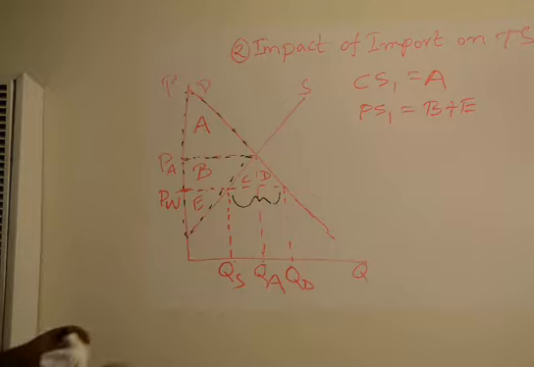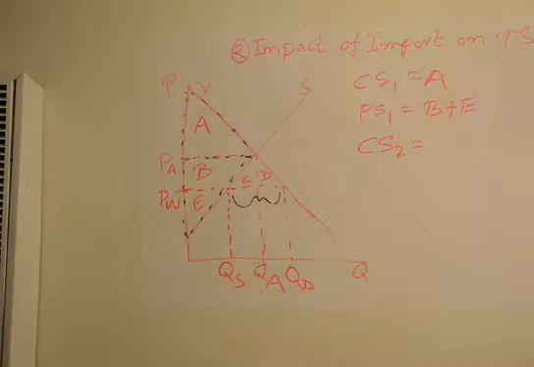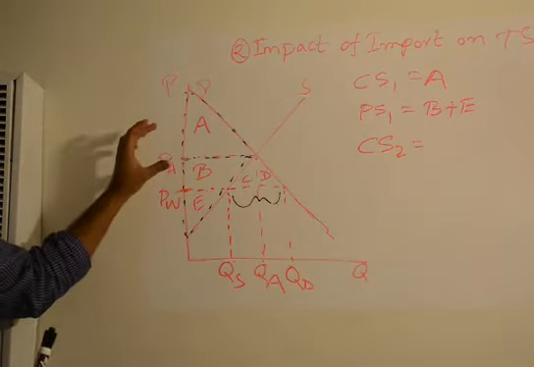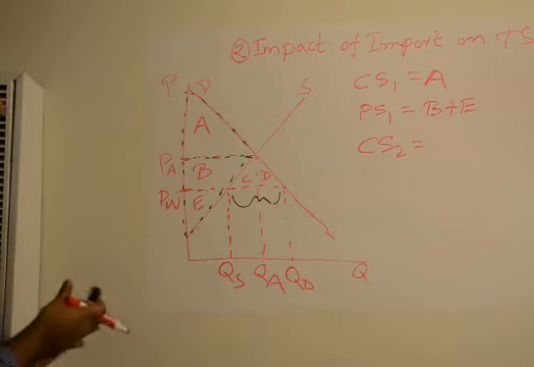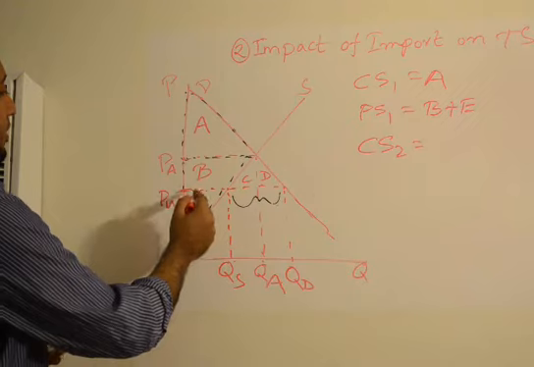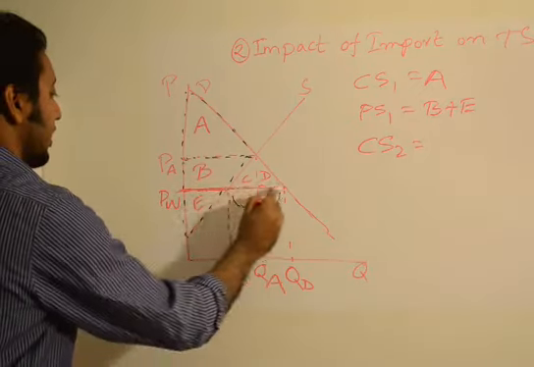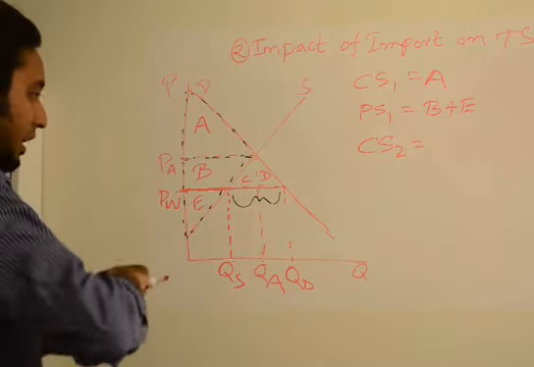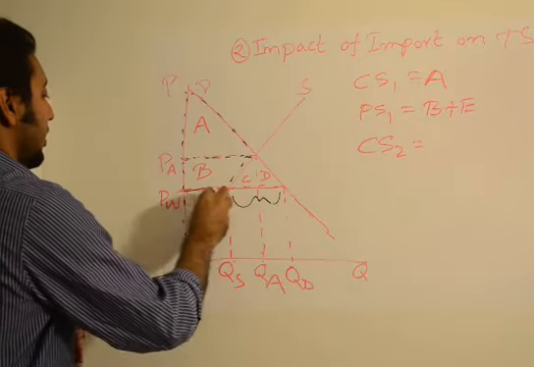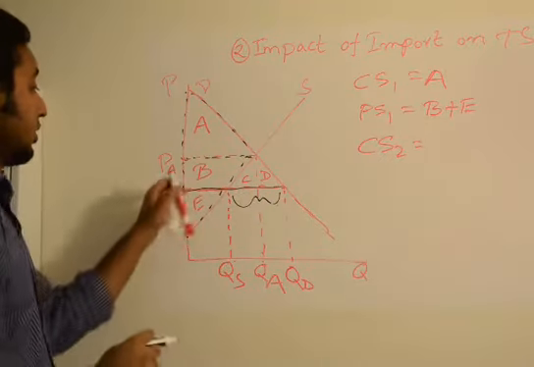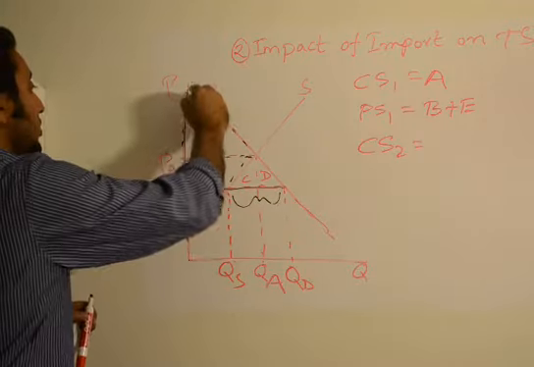After import, your consumer surplus CS2 is given by the region between the new price line, the vertical axis, and the demand curve. The new price line PW here, the area between the new price line, the vertical axis, and the portion of the demand curve.